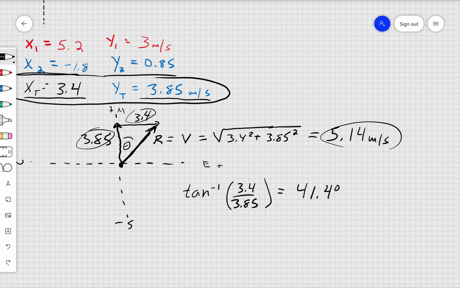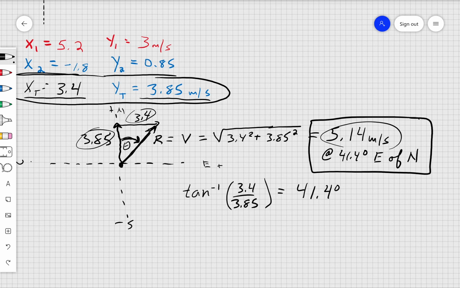So this velocity, 5.14 meters per second at 41.4 degrees, and that angle was from the north in the easterly direction. So east of north, this is the resultant.